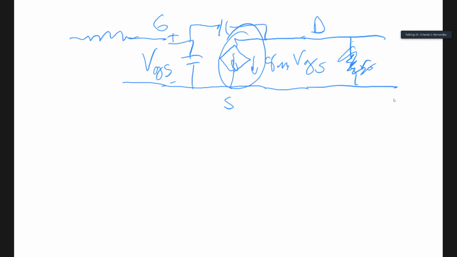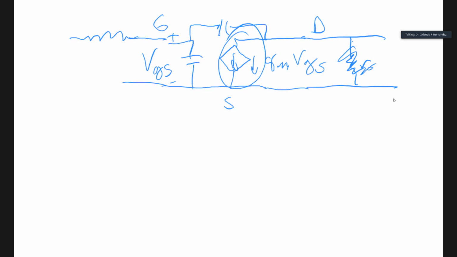So the first thing that we want to do is to realize that we already have biased the amplifier to operate in the linear region, and we're talking about a linear amplifier. So we're going to be looking at the small signal behavior of it.